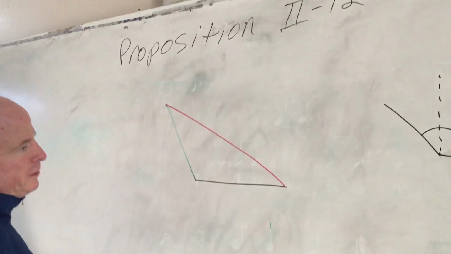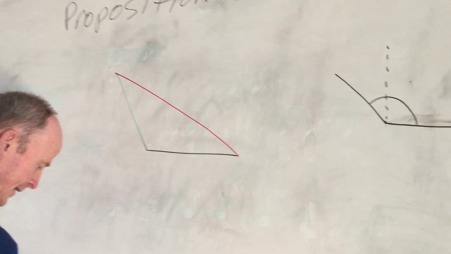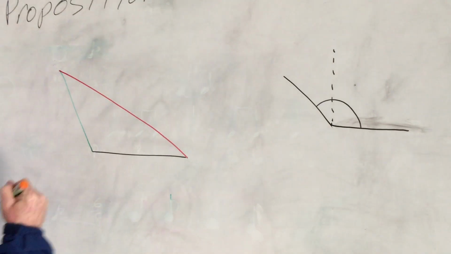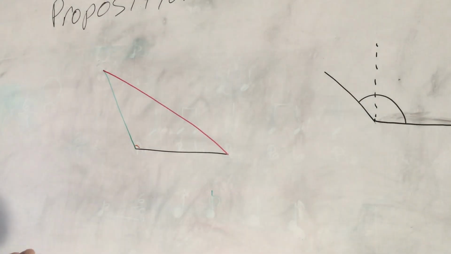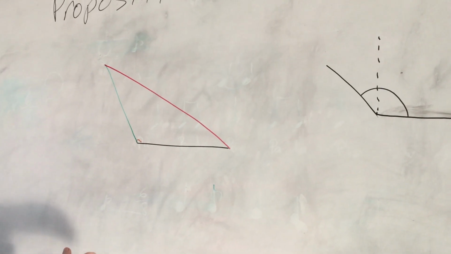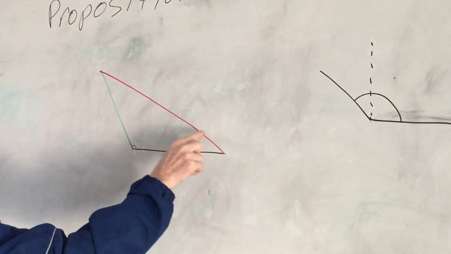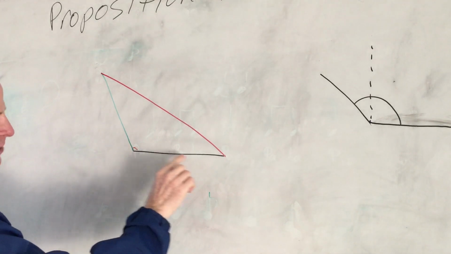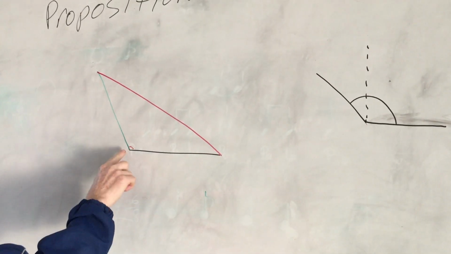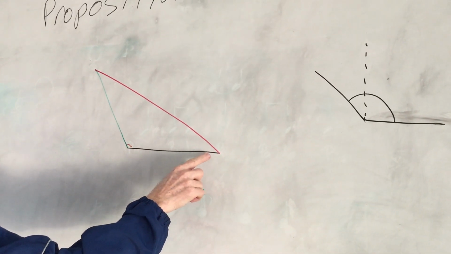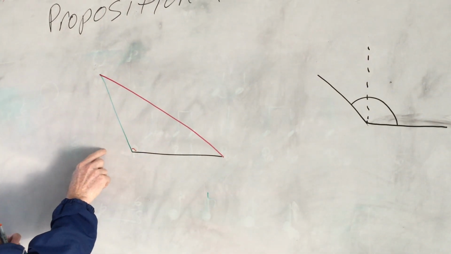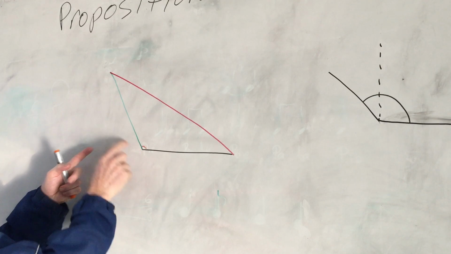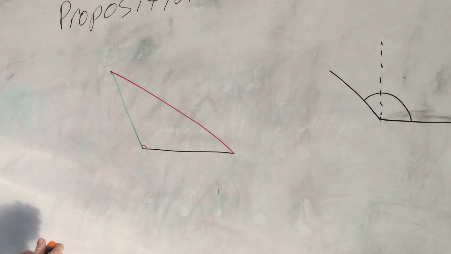So here's our triangle, and here's the obtuse angle. This is the side subtending the obtuse angle. It is required to show that the square on this line is greater than the square on this line plus the square on this line by twice the rectangle contained by this line and the line produced from that point up to the perpendicular.